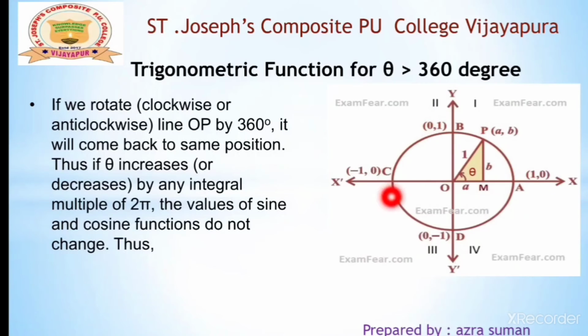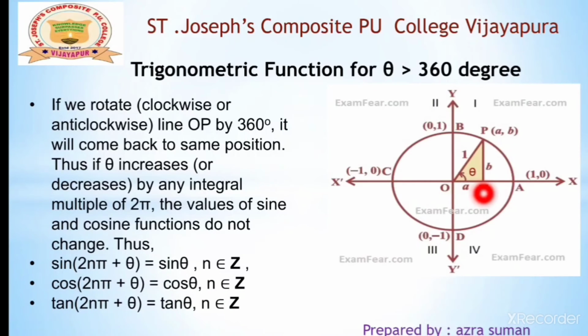Okay, so starting from OA and rotating, it comes to the same position. Thus, if theta increases or decreases by any integral multiple of 2 pi, the values of sine and cosine functions do not change.